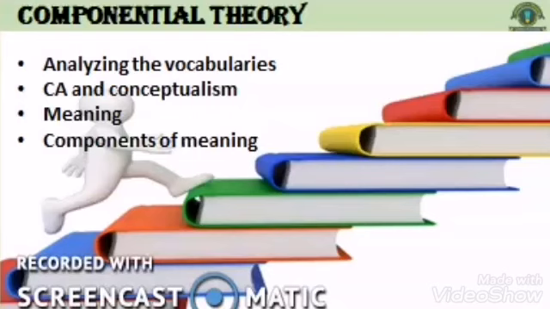In many instances it has been suggested that the vocabularies of all human languages can be analyzed partially or totally in terms of a limited set of semantic components, and these components are independent of the particular semantic structure of any given language. So these are very important.